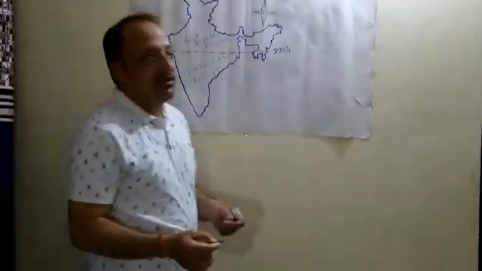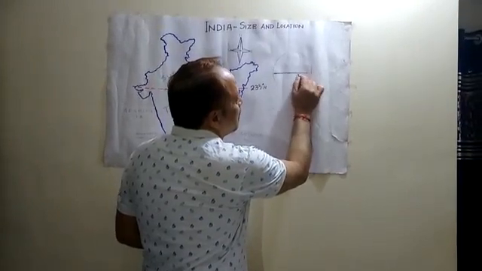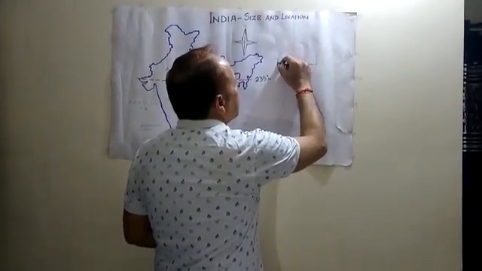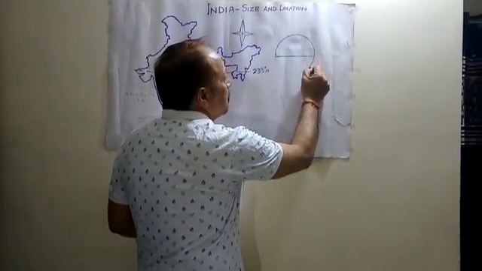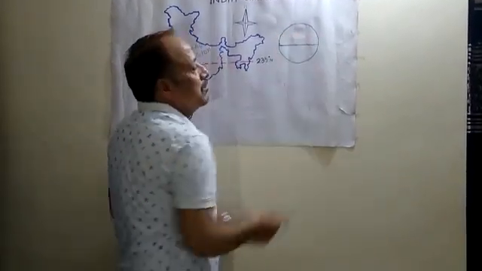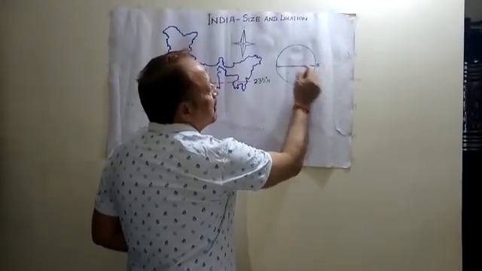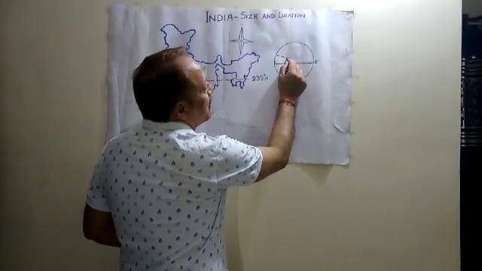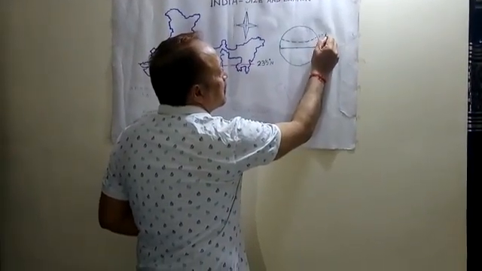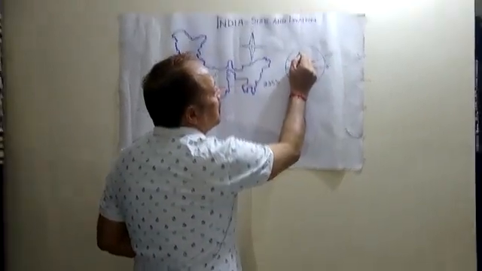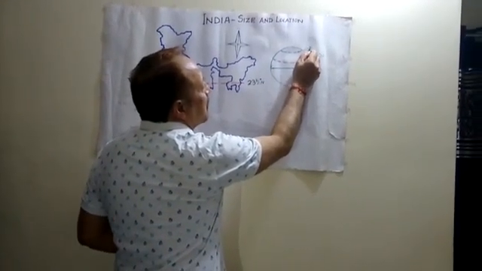So if you look at the globe, the important latitudes are 0 degree, that is the equator, 23.5 degree north, that is the Tropic of Cancer, 66.5 degree north, that is the Arctic Circle.